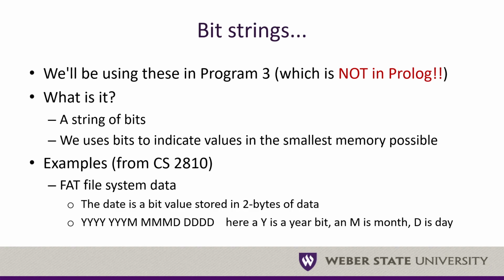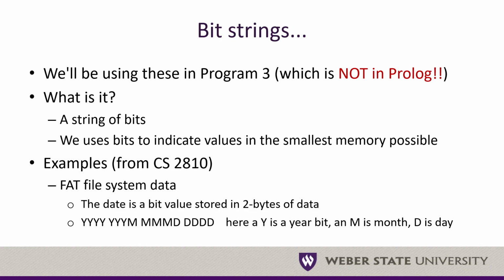So the world began when Microsoft did this. The first year was 1980, and that number is how many years past 1980 you are. So what you would do is select these bits and figure out what number that is.